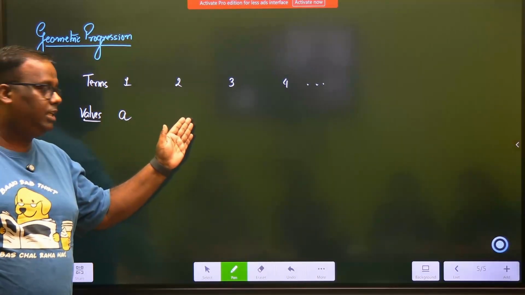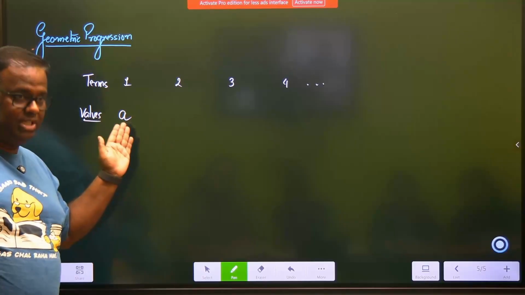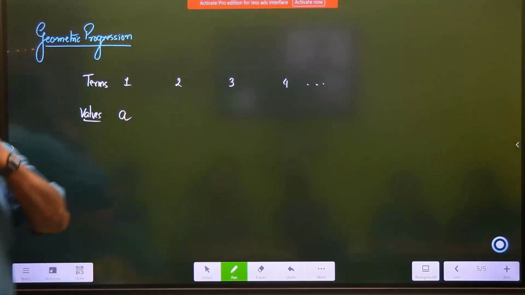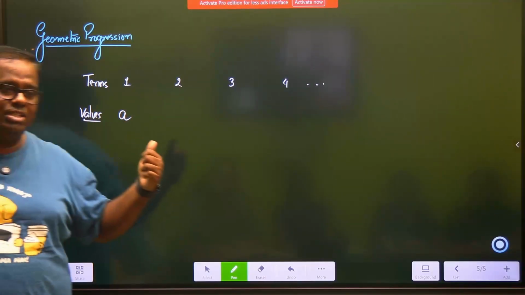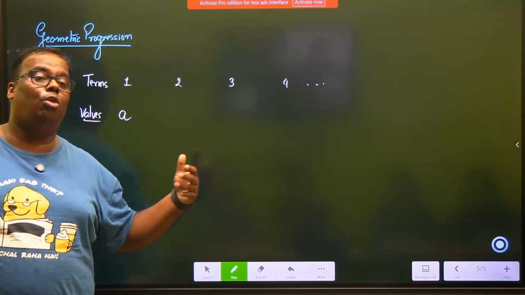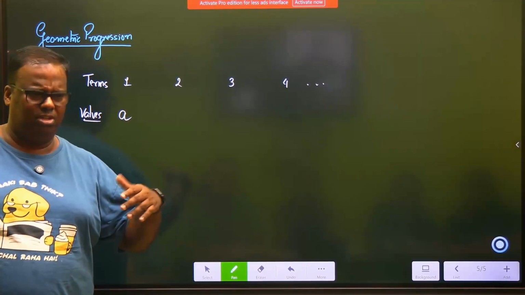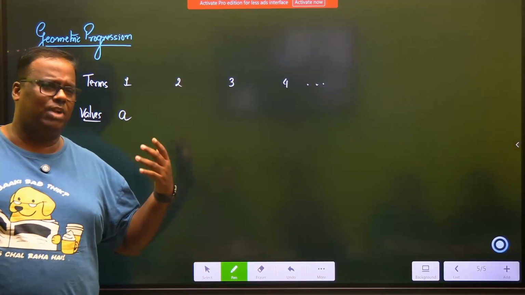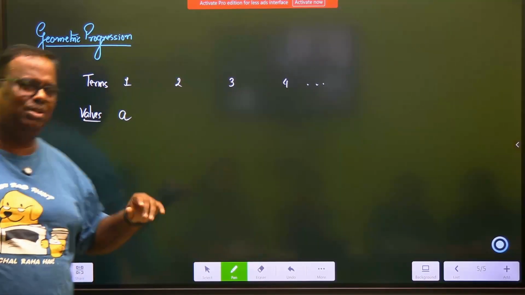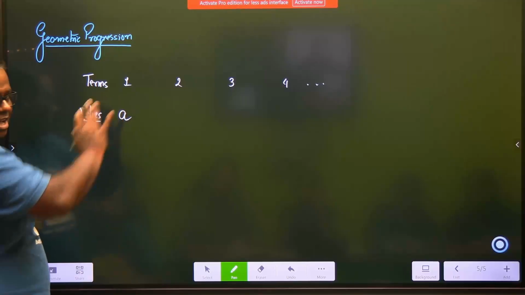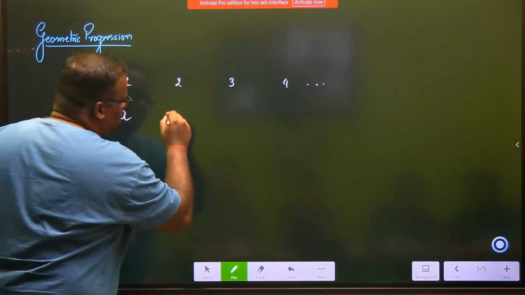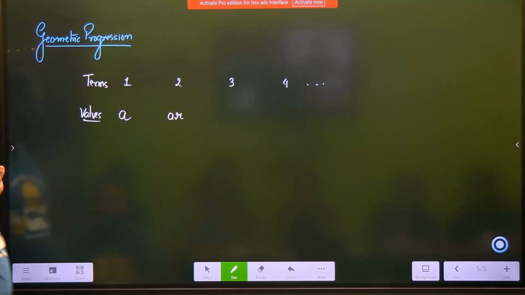The second term and the first term, the subsequent and the preceding, they used to have a common difference. Here they will have a common ratio. Difficult to understand. I also used to find it difficult, but when I tell you the next time, it becomes very easy. If the first term is a, the next term is ar.